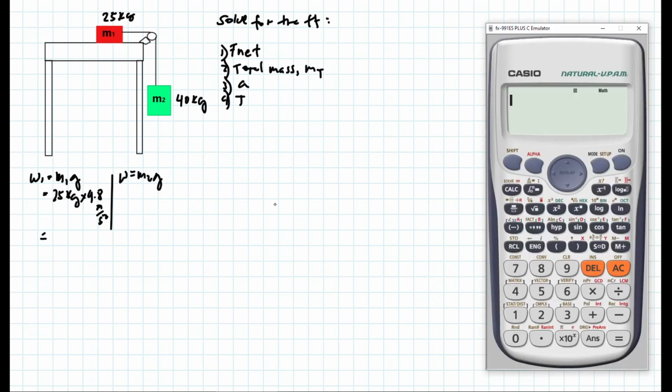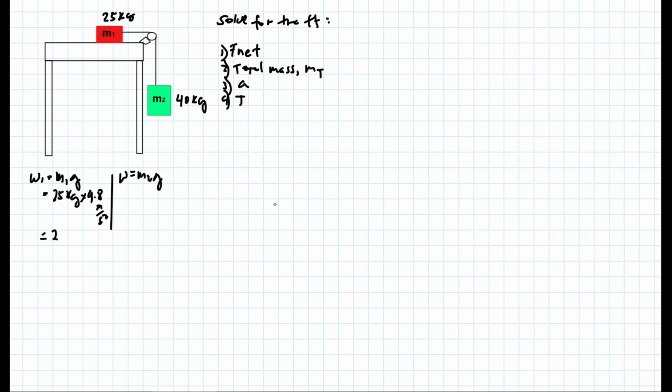Let me just pull up my calculator. So that's 25 multiplied by 9.8, and that will give us 245 newtons. Alright, 245 newtons. For our weight 2, we have mass 2, that is 40 kilograms, multiplied by 9.8 meters per second squared.